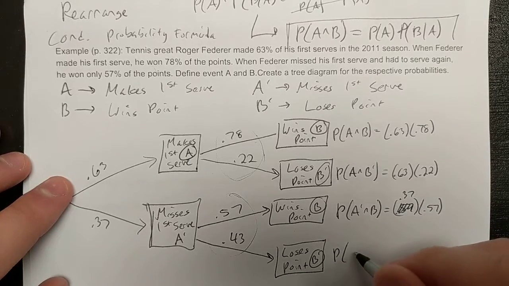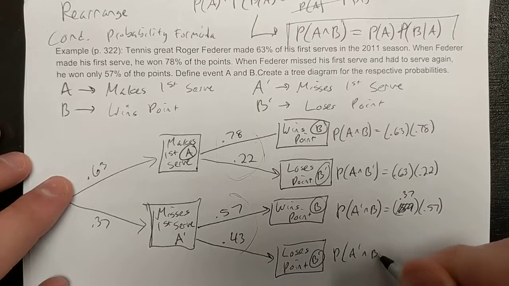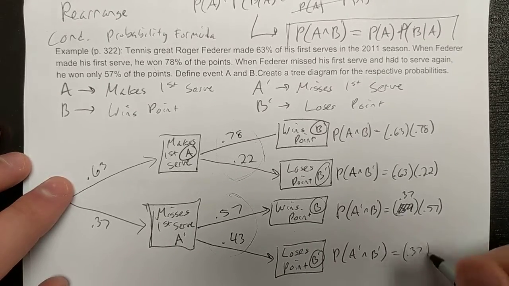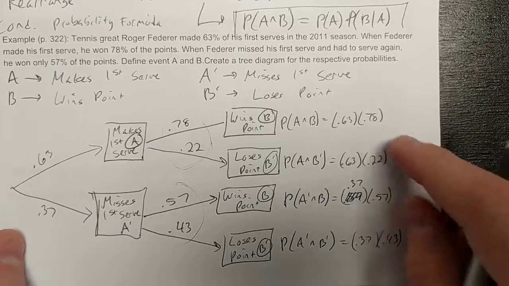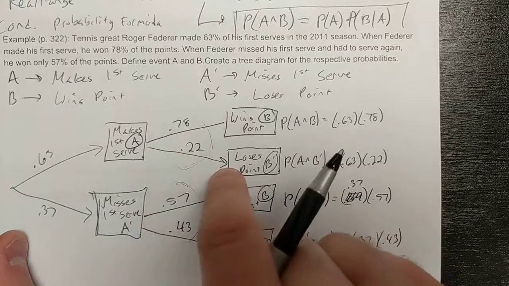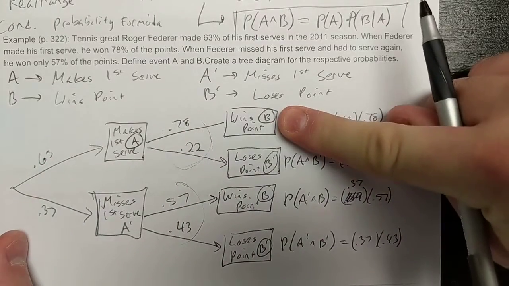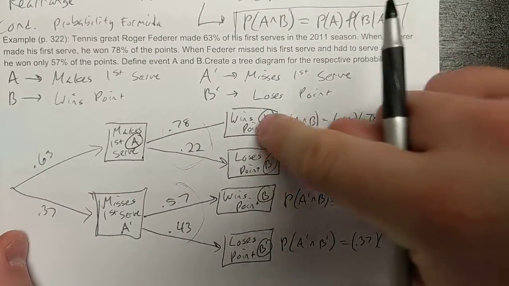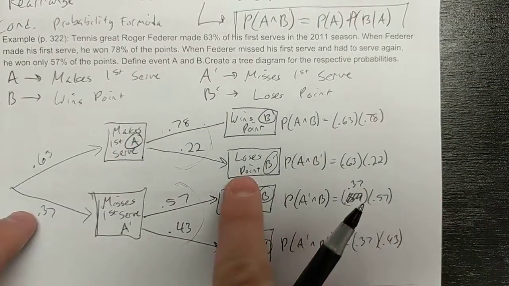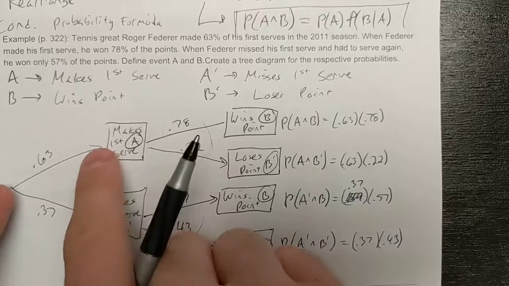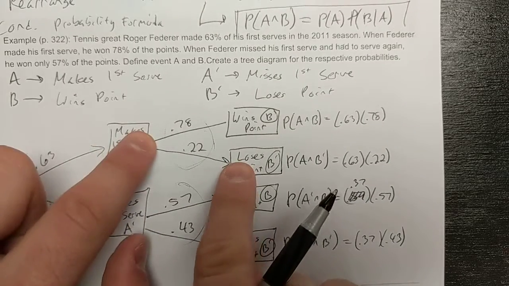And the probability of A complement and B complement is going to be 0.37 and 0.43. So this is the general multiplication rule in action here. You just multiply the separate branches of the tree diagram. If you want to find the probability of A and B, you do this branch times that branch. You want to find the probability of A and the complement of B, this branch times that branch.